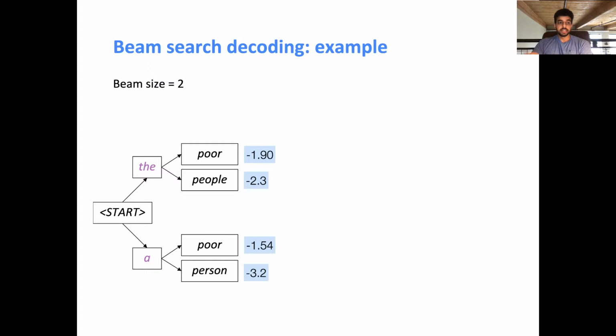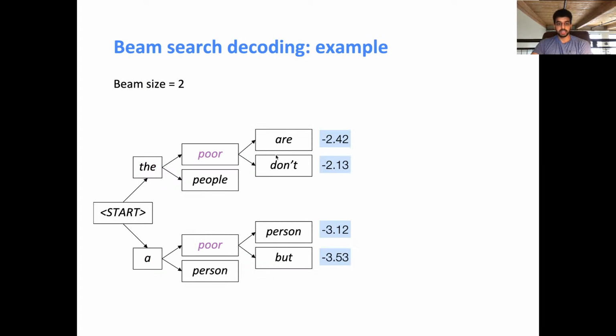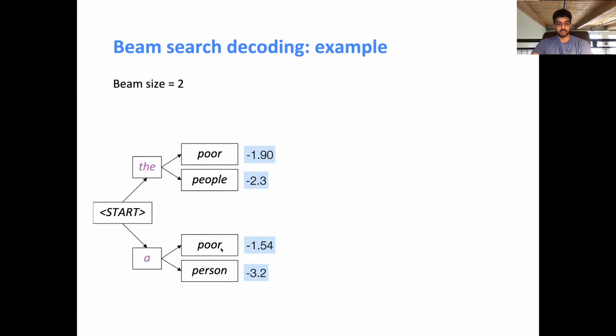And to keep my beam size 2, I'm going to prune these candidates here. So I'm going to take the 2 candidates that have the highest log probability here. So that would be "the poor" and "a poor". So my 2 candidates are now "the poor" and "a poor".